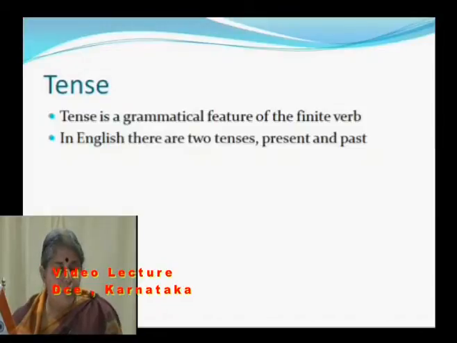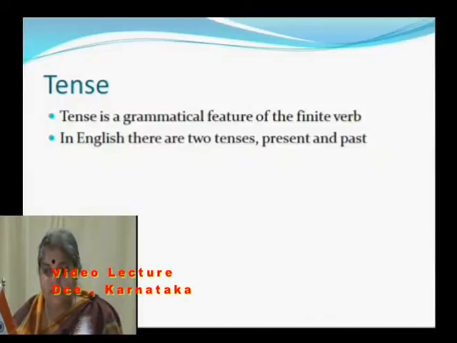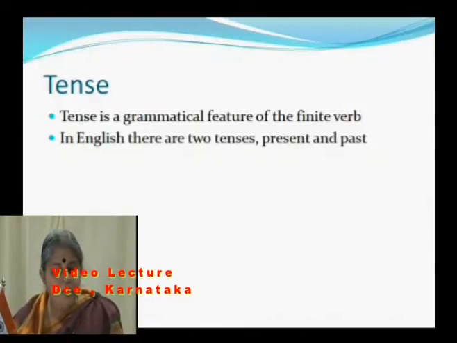Another aspect of the verb that you need to study and remember is tense. Tense is a grammatical feature of which verb? Finite verb. Non-finite verbs by definition do not have tense.